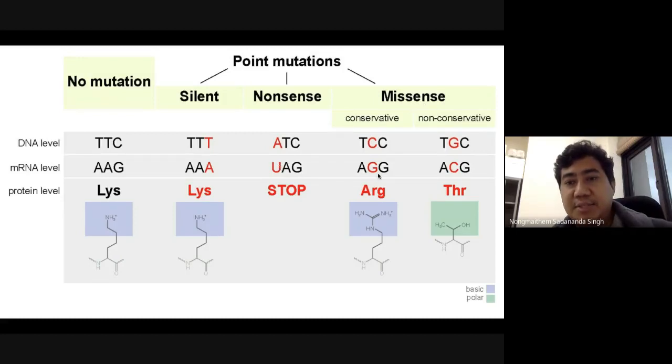And in the case of missense mutations, when there is a change in the amino acid identity, it can be conserved or non-conserved.